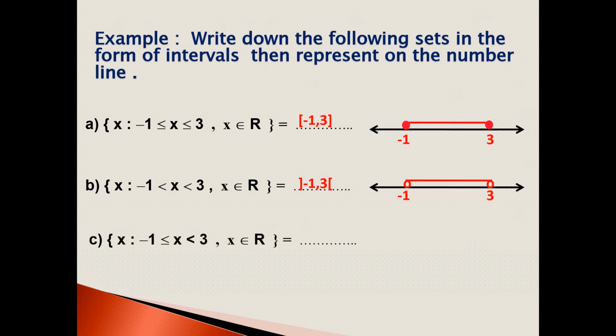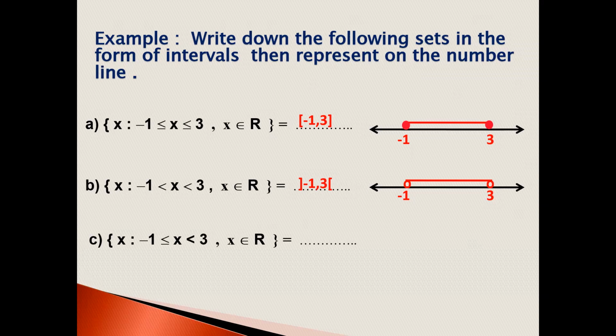Let us see. Here x is more than or equal to -1 and less than 3. Here I have "or equal" first, then "not less than" only, without "or equal". Here I have open or closed. So I write it from small to big, -1 first, then 3 second.